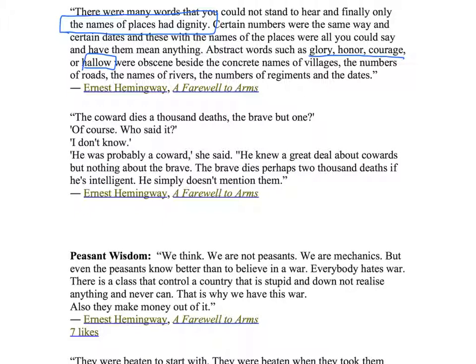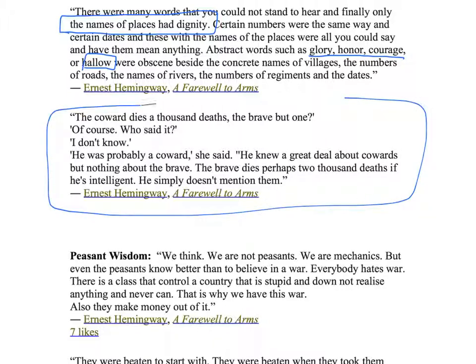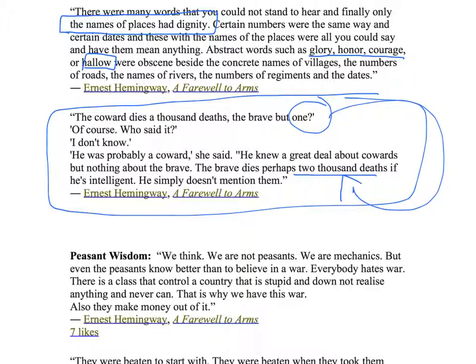And so what Catherine's getting at here and trying to convince Frederick of is that if you're a thinking person, you die 2,000 deaths. That is, that yourself is repeatedly ruined during war. And the one ultimate death that will come is preceded by these many figurative deaths to the self.